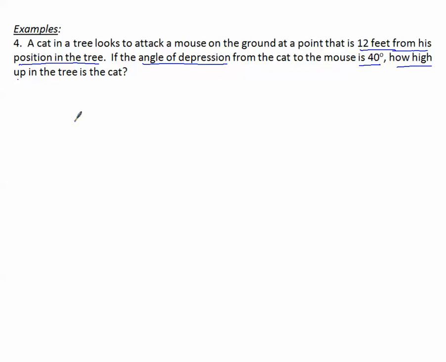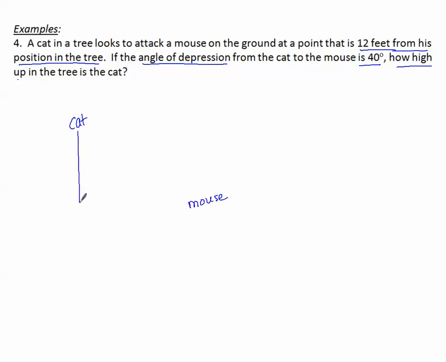So we have the cat up in the tree, looks to attack a mouse on the ground. So think about the mouse might not be directly below him. If it were, it would most likely be telling us so. So let's put the mouse somewhere over here.